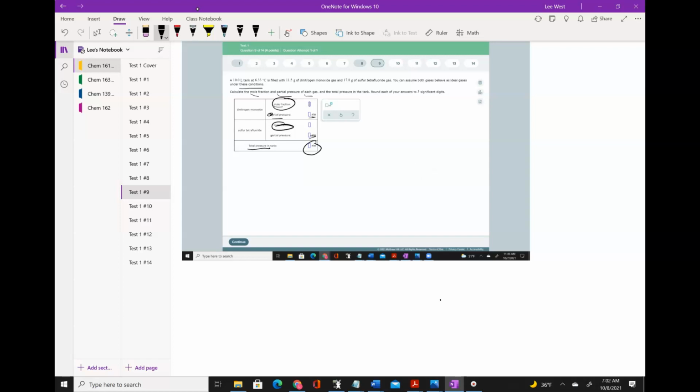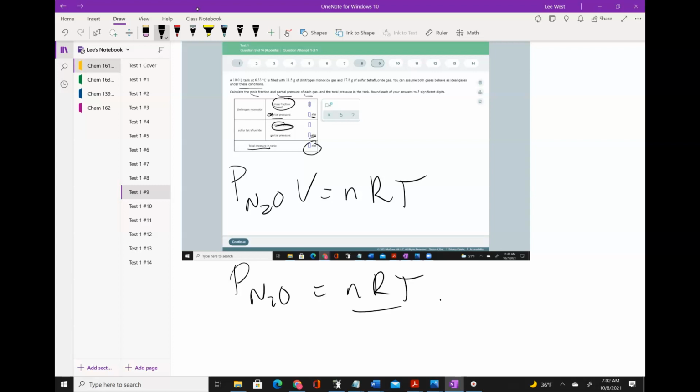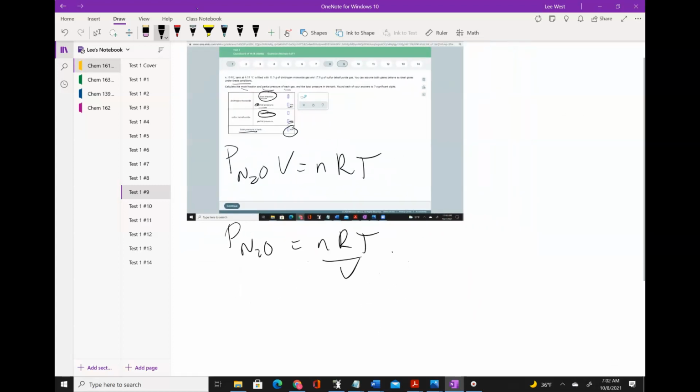So I'm going to calculate the pressure of the N2O via the ideal gas law, PV equals nRT. The pressure of N2O will be nRT on V.